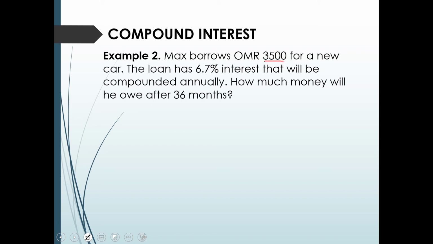So this 3,500 is what you call the principal. 6.7 is the rate, compounded annually. So again, your value of N is 1. Now, T. Here, the given is in months. So remember, our T should be in years. So divide this by 12. So T is 3.